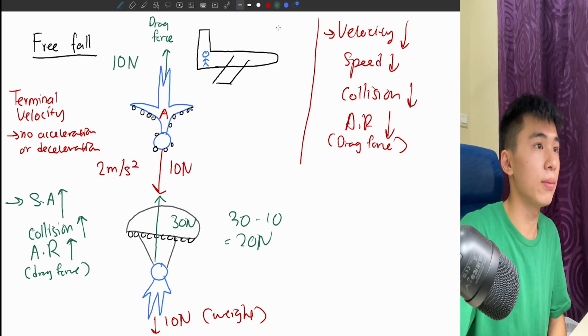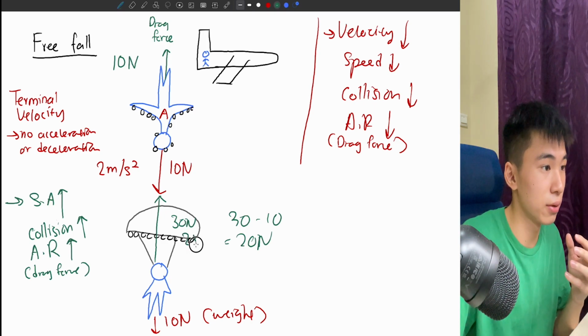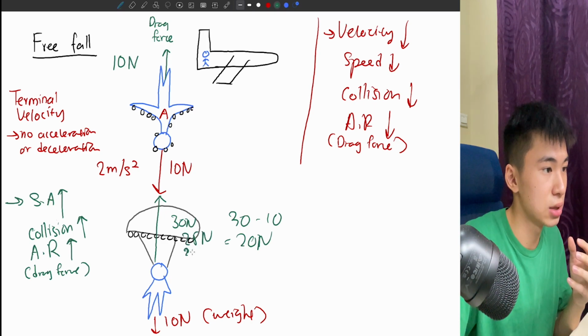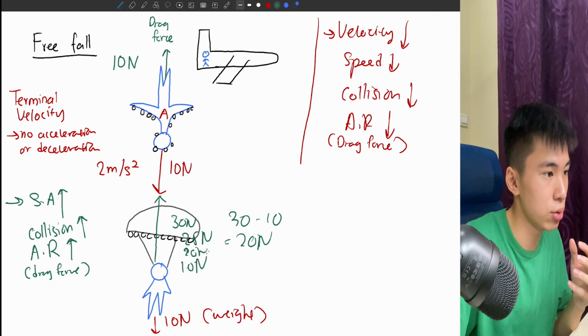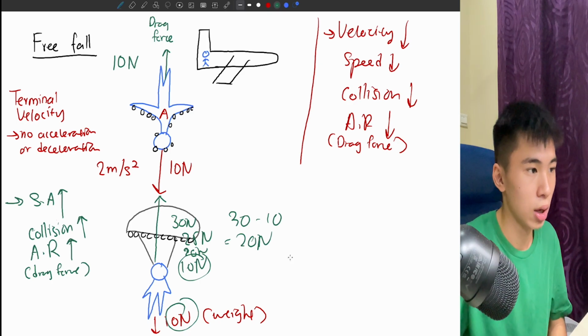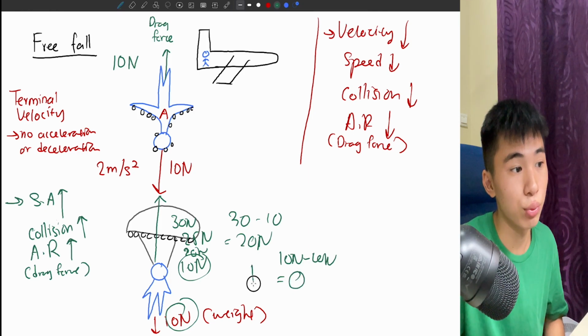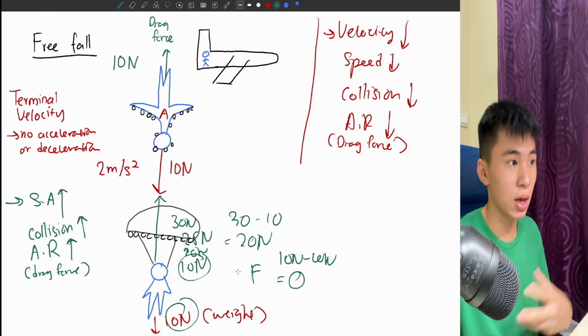So this guy will slowly become 30 newtons, maybe slowly 25 newtons, then 20 newtons, then slowly to 10 newtons. So until this 10 and 10, we will have no resultant force because 10 newtons minus 10 newtons is going to be 0. So we have no resultant force in this case.